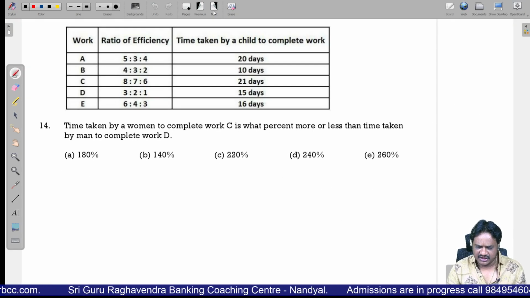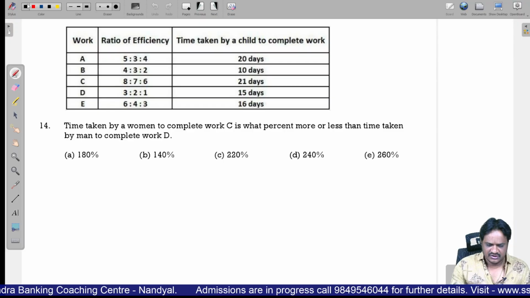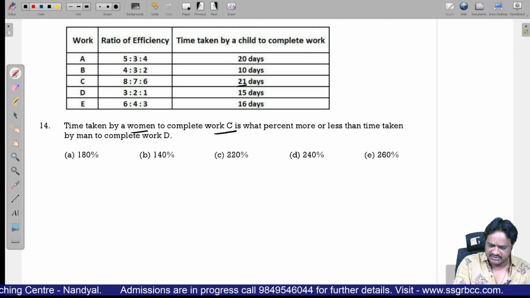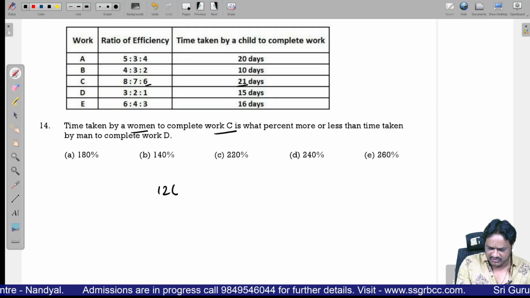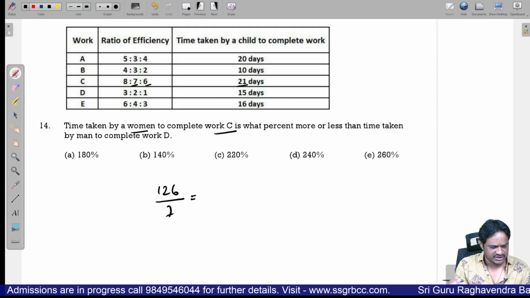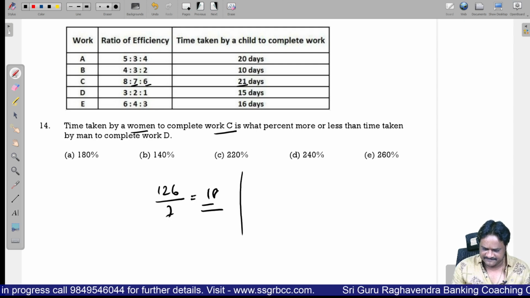The time taken by woman to complete work C is what percent more or less than time taken by man to complete work D? So work C, woman. Work C means 21 into 6, 126. Woman efficiency is 7. So 126 by 7 is 18 days.